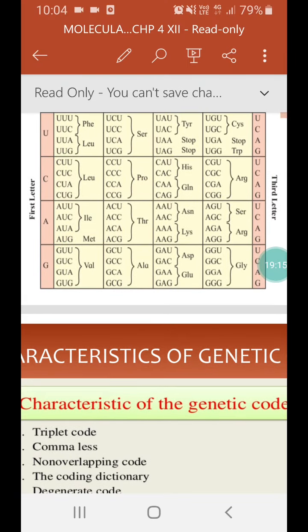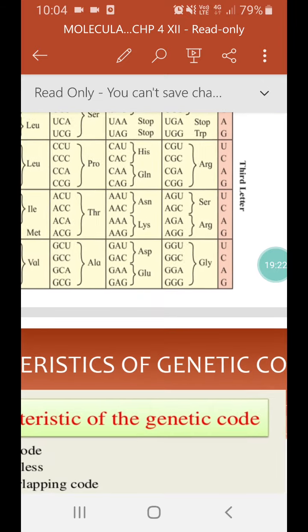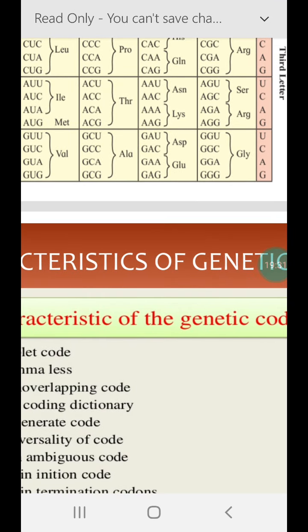You can see in this figure, in the extreme last box, all 4 codons are for glycine: GGU, GGC, GGA and triple G. So these are for glycine.